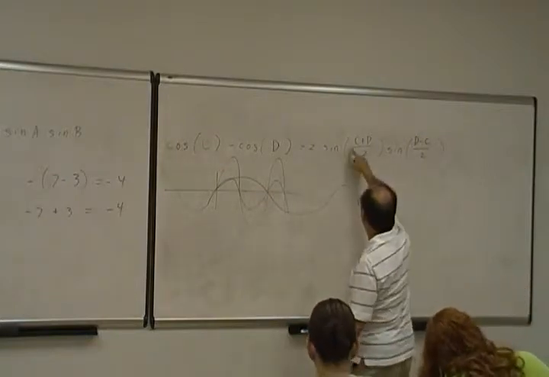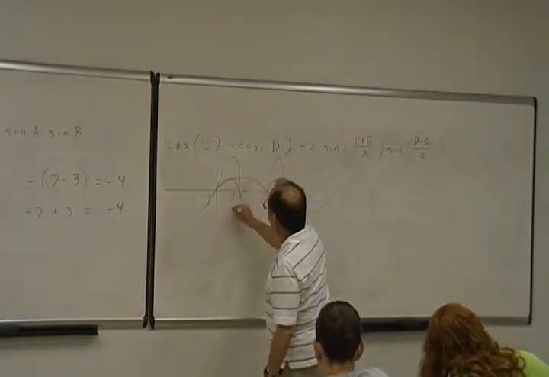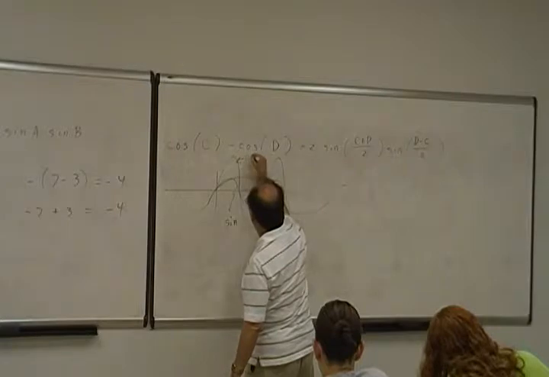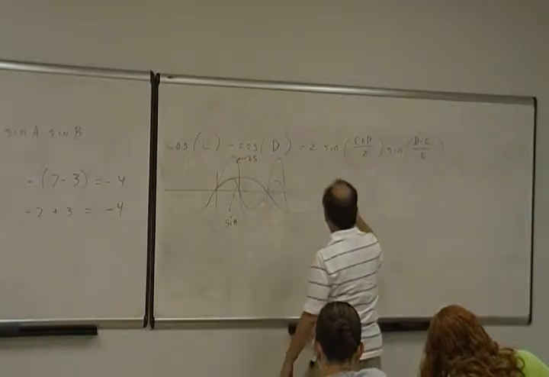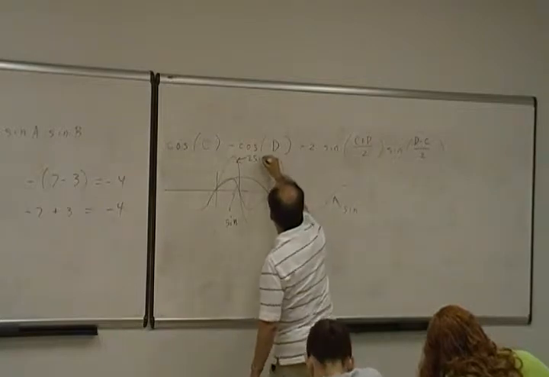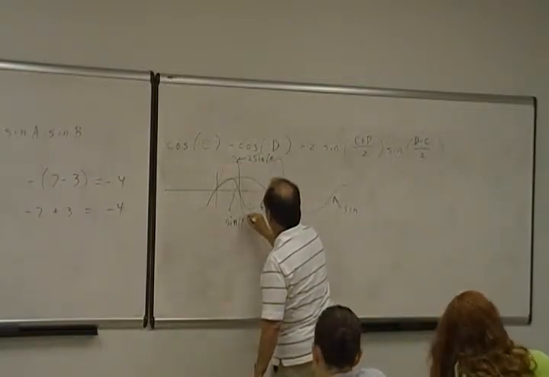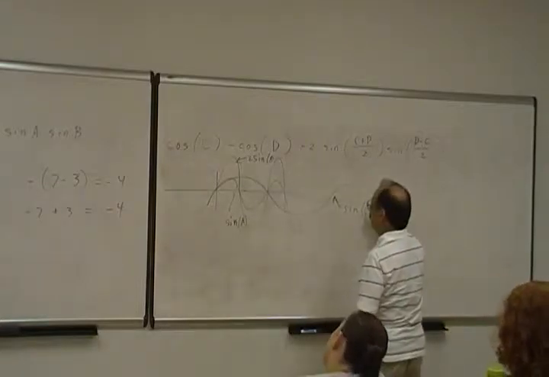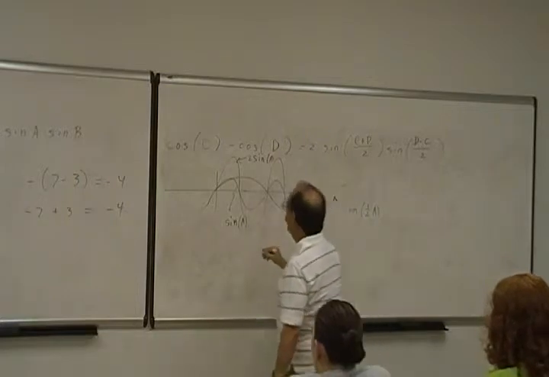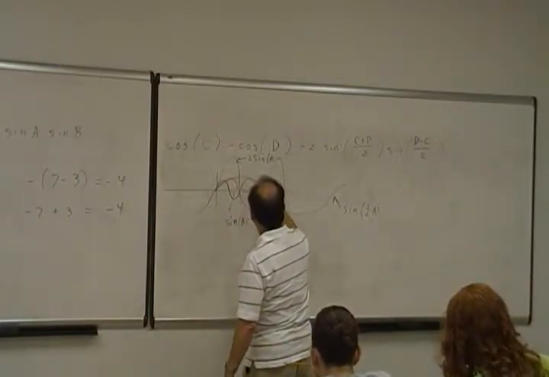If I did a 2 inside, the original one was sine A. This one is 2 sine A. This one is sine of 1/2 A. And if I go sine of 2A, it'll be twice as fast.